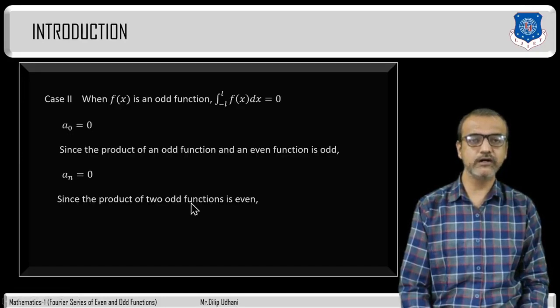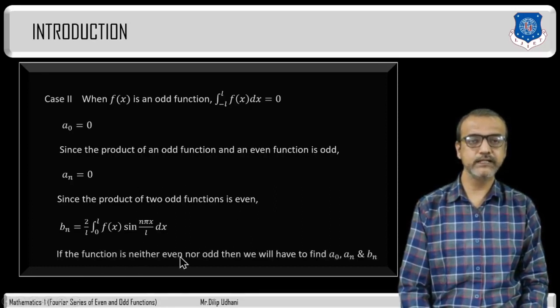So odd into odd, the result is even. So we have Bn equals to 2 by L integration from 0 to L f of x sine n pi x by L dx. So whenever you have been given function of x which is an odd function, then in that case a0 and an will become 0 and you have to find out only Bn.